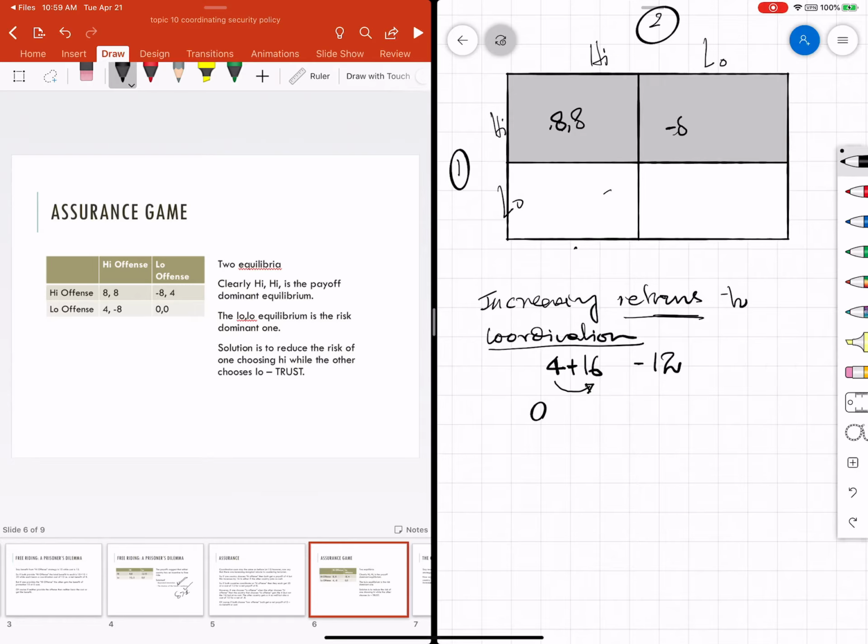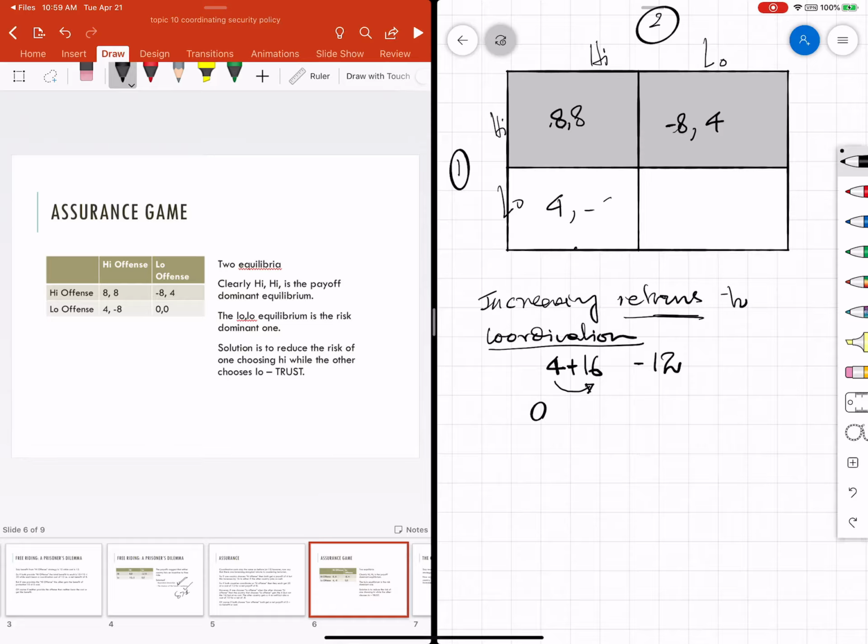So the loss is actually pretty high, right? By the same token, the country that chooses the low defense doesn't bear the cost of 12. They get a straight out 4. So 4 and minus 8, and then once again 0, 0 on this end.